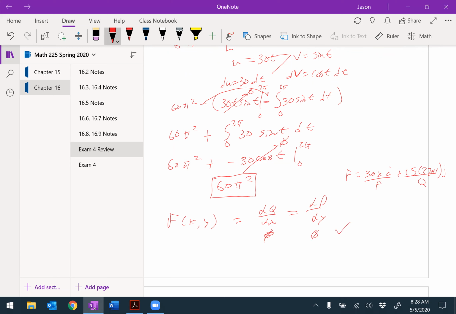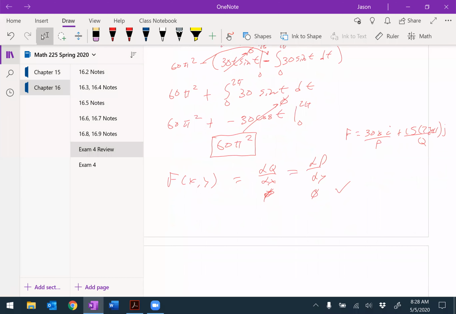Therefore, we can use the fundamental theorem of line integrals. Well, how does that work? What we would do is say that this work integral, f dot dr, is going to be equal to the parent function, little f, evaluated at r of b, minus little f evaluated at r of a.